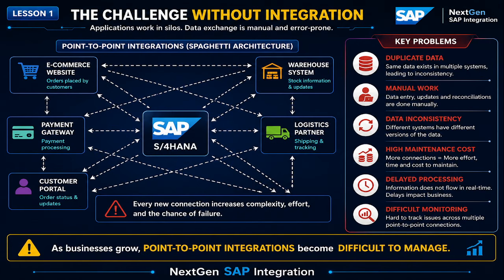This creates several business problems. The first problem is duplicate data. The same customer information may exist in multiple applications. Then manual work. Employees often export files, send emails, or update information manually. The third problem is data inconsistency. One system might show delayed, another has shipped, while another system still shows processing. The fourth problem is high maintenance cost.